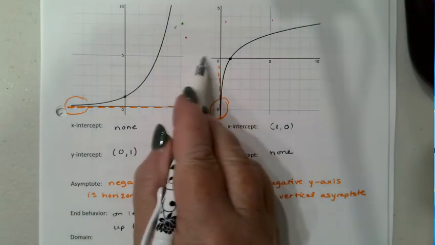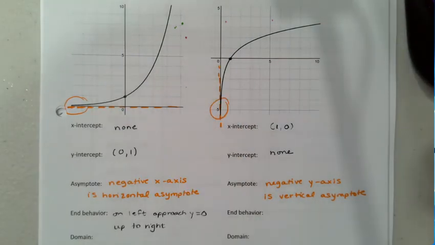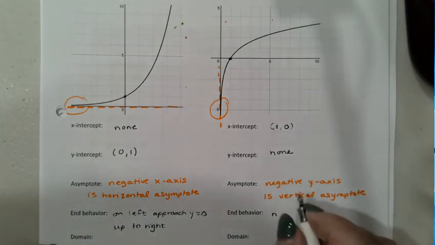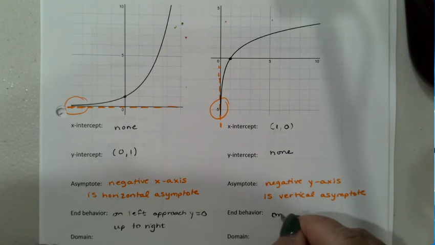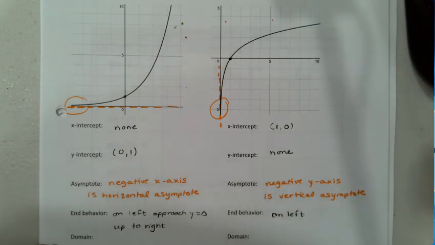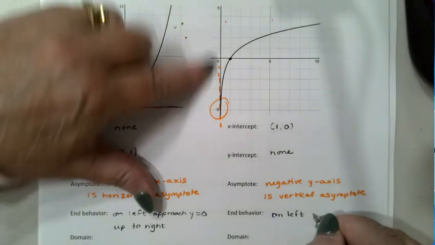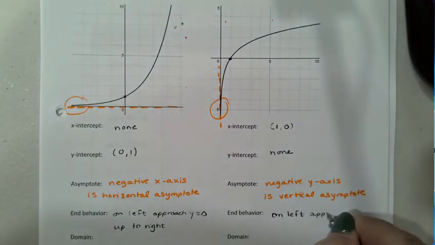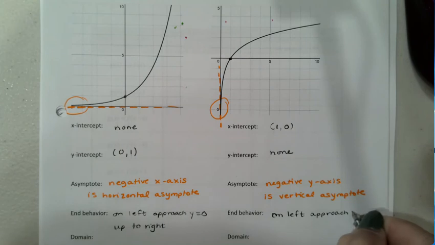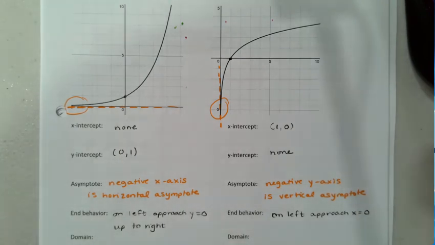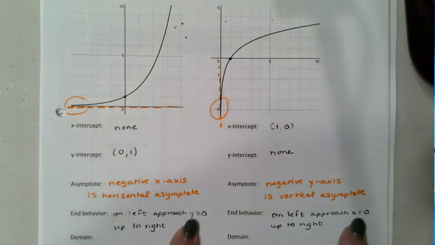You can't go further to the left than x equals 0. It just doesn't exist. So I'm going to say on the left, we approach the vertical line, x equals 0. And it still goes up to the right. Once again, notice that xy swap here.